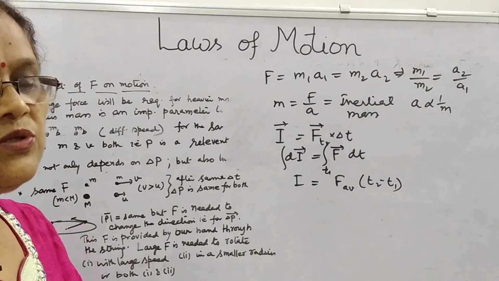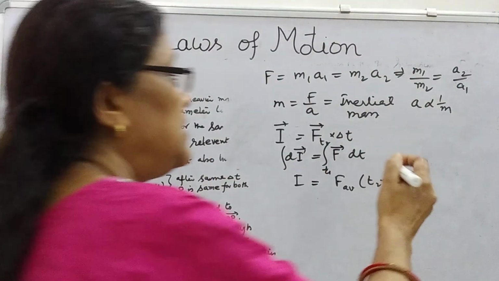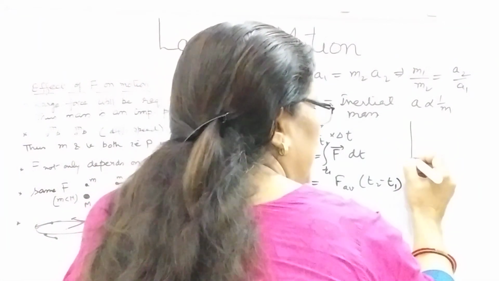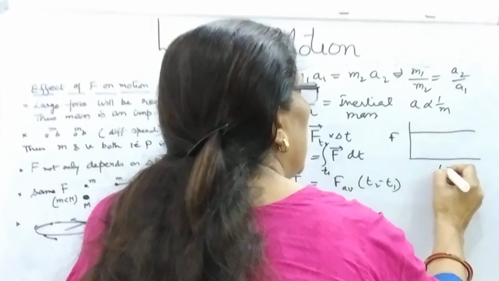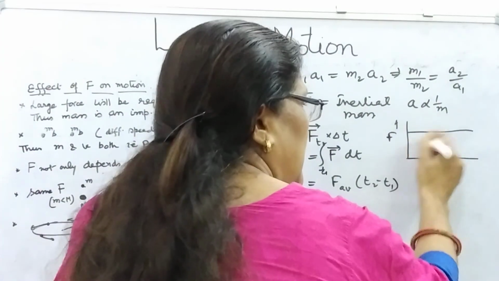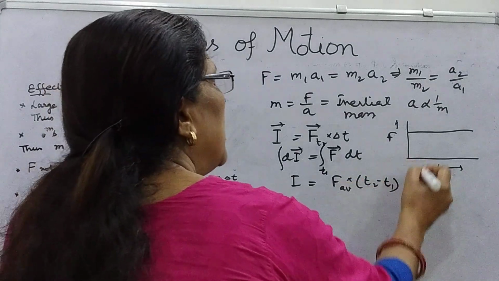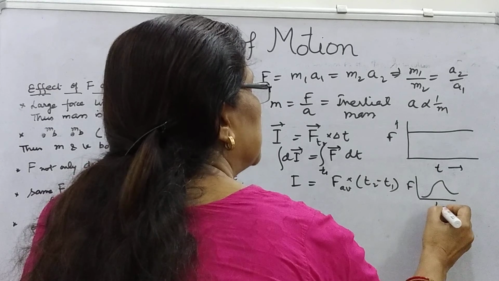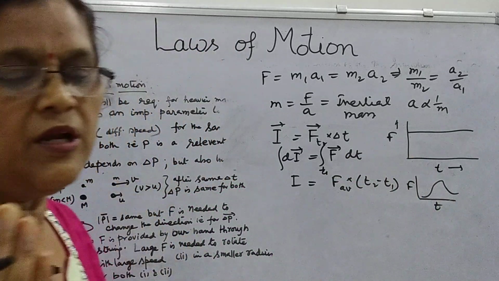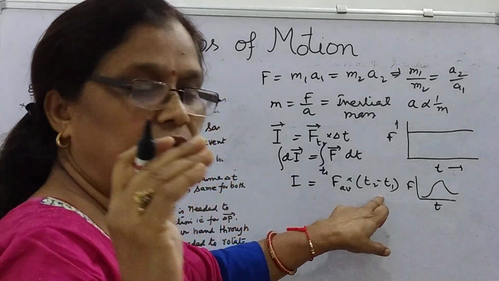Graphically, you can also calculate the impulse from the F-t graph. If the force is constant, then this is the graph for force and time interval, and the area under the graph is F into delta t. If the force is variable, then the impulse is calculated in this way. In various numerical problems you will use average force into delta t.